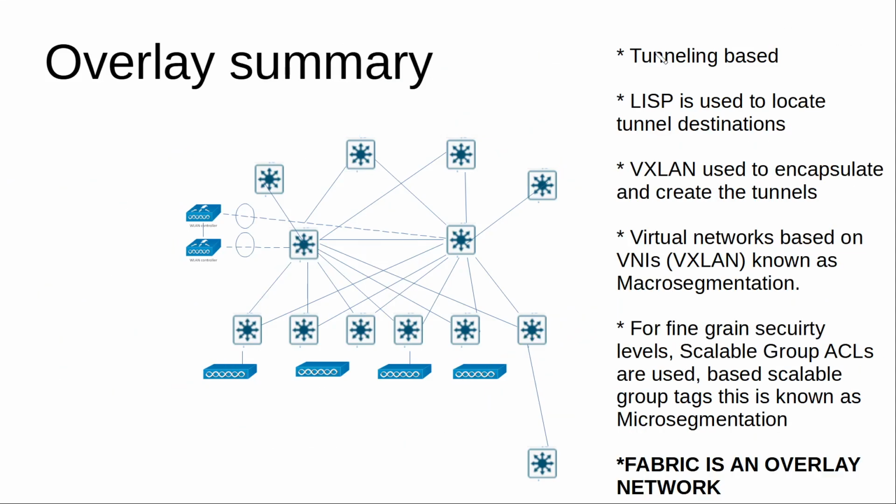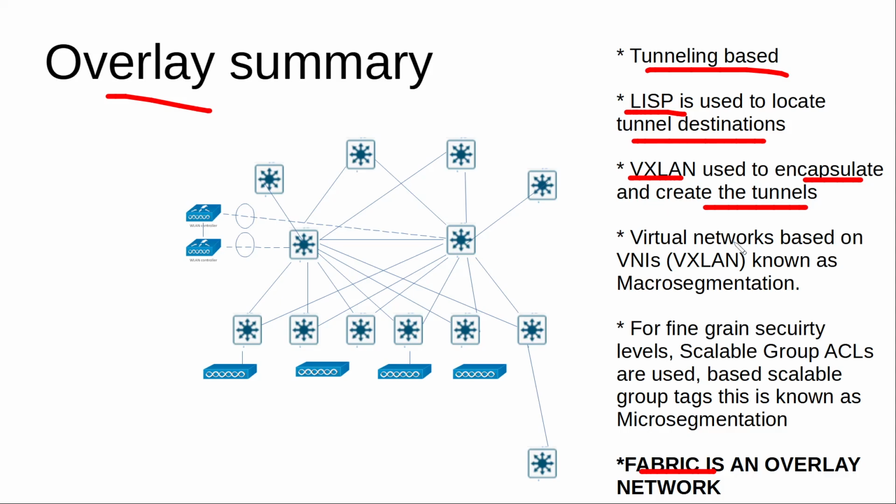So as a summary, the overlay, which is also known as the fabric, is a tunnel-based network. We're going to use LISP in order to locate tunnel destinations. We're going to use VXLAN in order to encapsulate and create tunnels for layer 2 or layer 3 traffic.